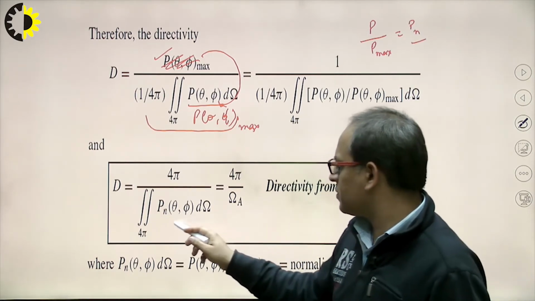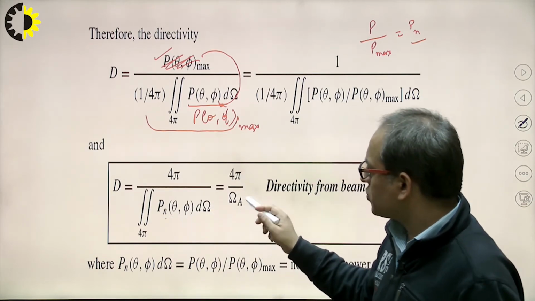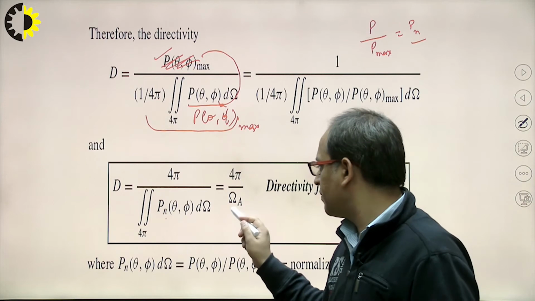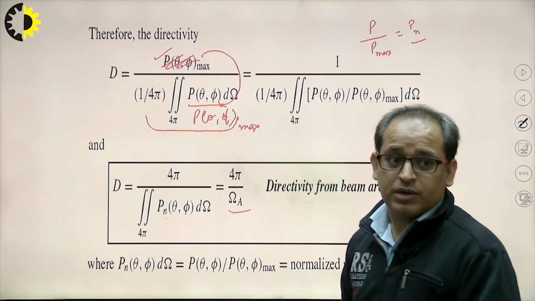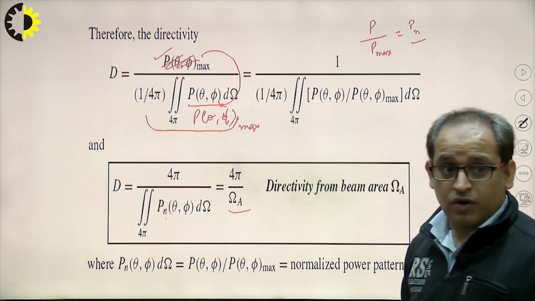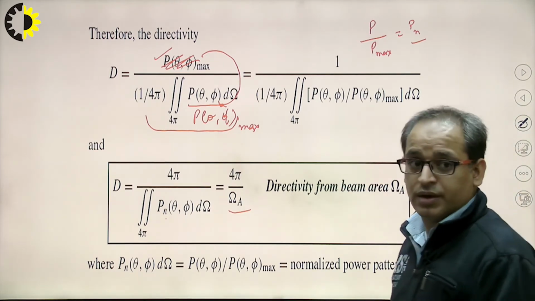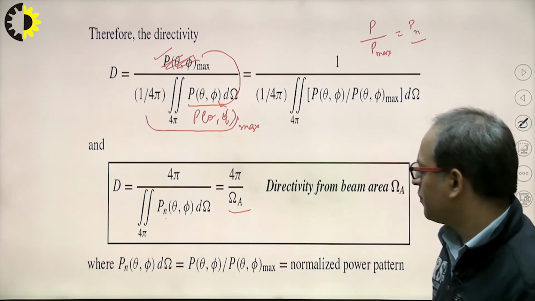So this will be the integral of the normalized power over d omega, which is equal to 4 pi upon the beam area. And what is the beam area? I have already told you: the beam area is the area over which the power is radiated. Clear? So D equals 4 pi upon the beam area.